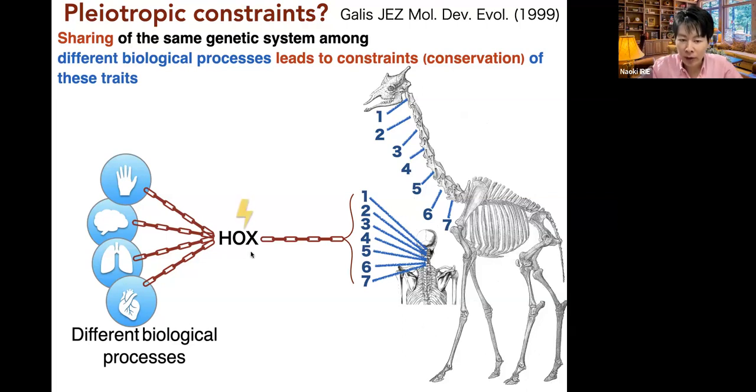When you have mutations to Hox genes, everything will be disrupted. So the variety of developmental processes or biological systems are connected or chained to each other, and this chain makes them difficult to change independently during evolution. This was the idea.